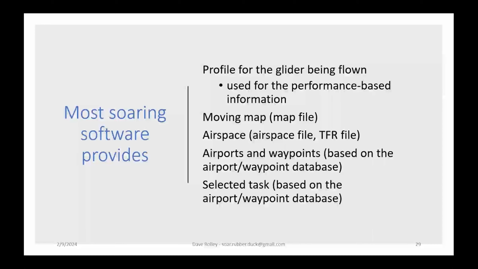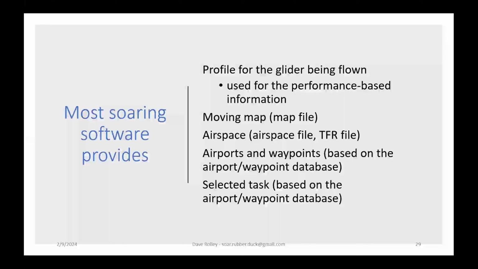Most of our soaring software has a profile for the glider being flown. So this is used for the performance-based information that's going to get put in front of you. They've got moving map capability that's derived from a map file. They've got airspace, so we're going to have an airspace file and maybe a TFR file. We're going to have airports and waypoints, and that's going to be based on an airport and waypoint database.